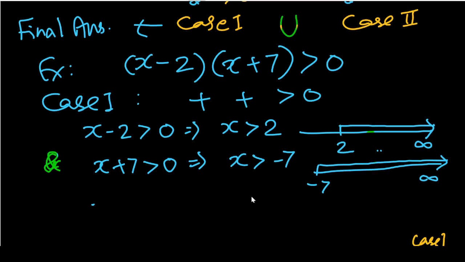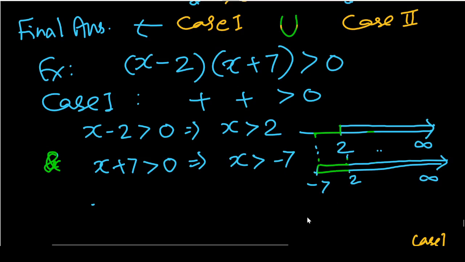In order to find AND, as you can see, we drop the perpendicular from -7 to 2. In the first inequality there is nothing. However, in the second inequality there is something.